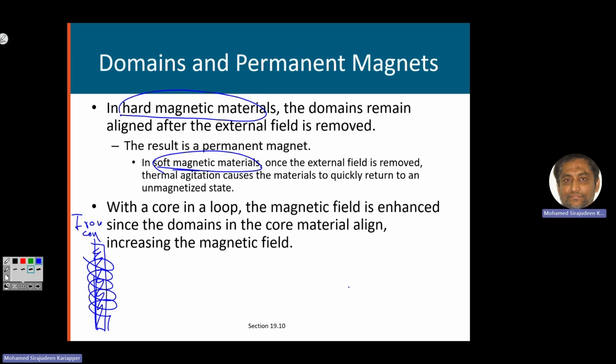Thereby, it will increase the magnetic field from the electromagnet. So that is one use of this ferromagnetic material. We keep it inside the core of the solenoid, and it will increase the magnetic field.